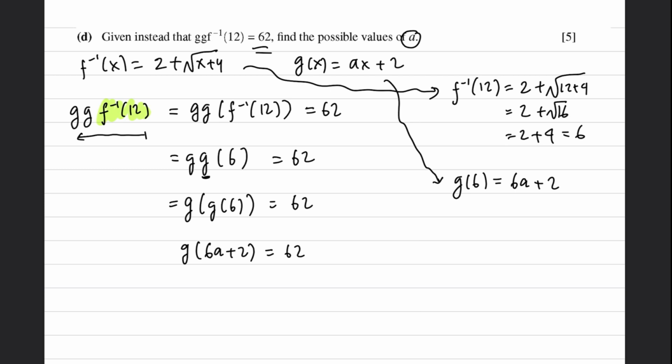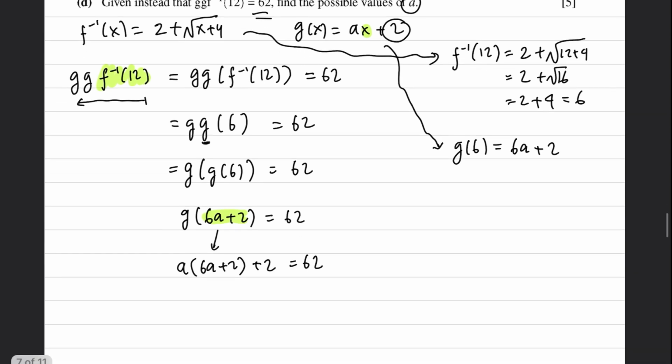So that means we substitute 6a plus 2, we put it to our x. Yeah, so we get ax, now x we substitute 6a plus 2 from here. So it's like ax plus 2, but now we substitute x with this, equals to 62.